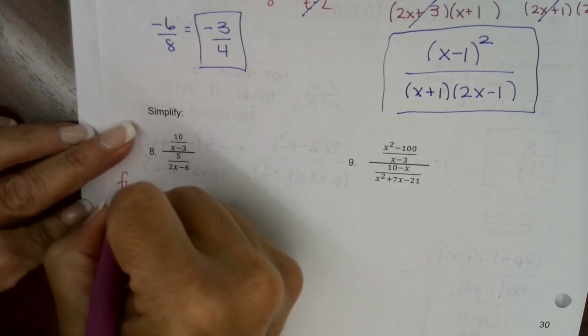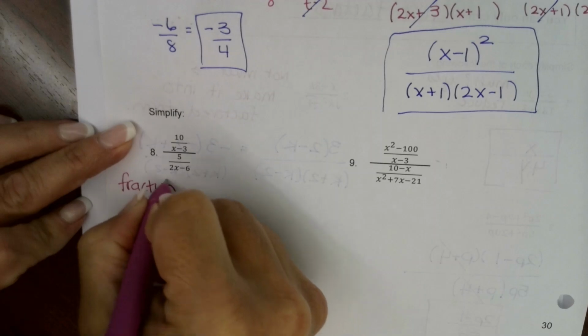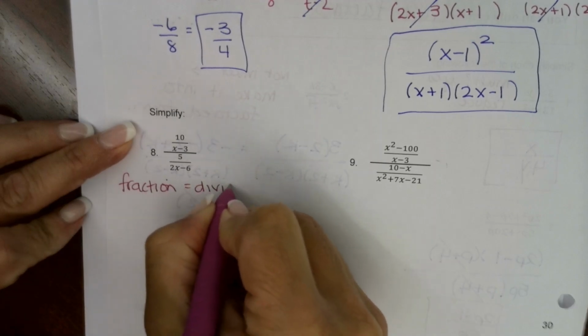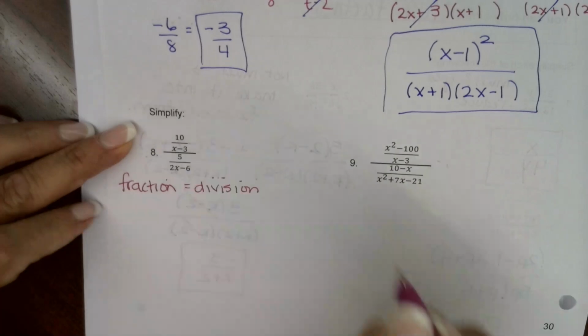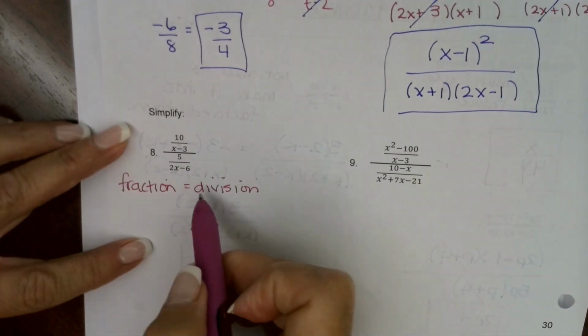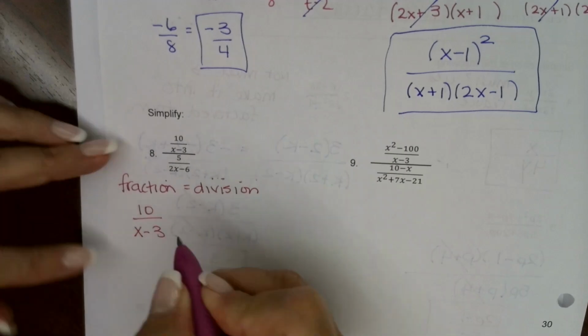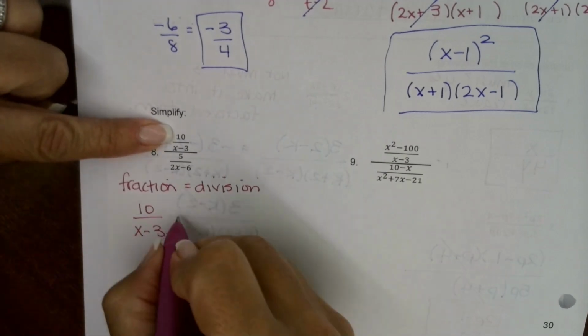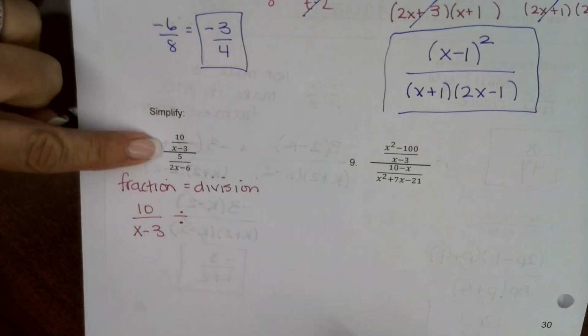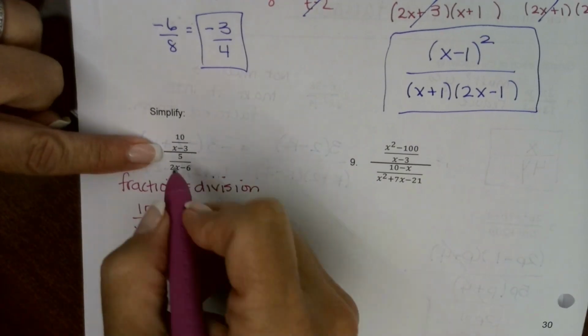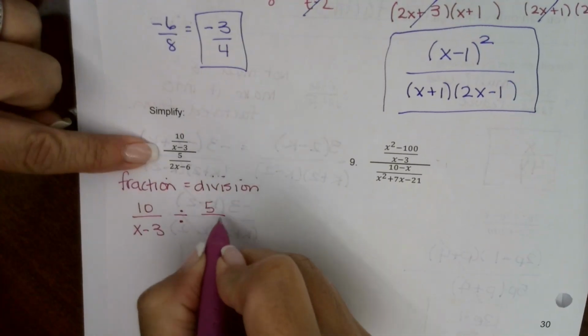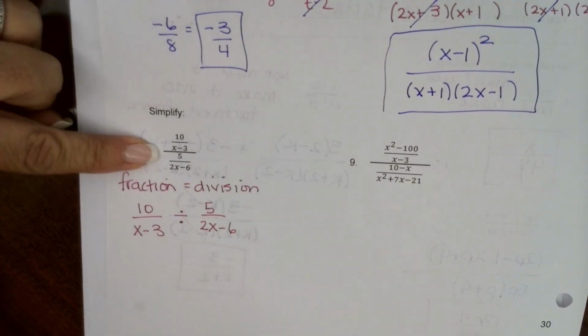Remember, a fraction equals division. That's all it is. So I'm going to rewrite this as 10 divided by x minus 3. That's my top fraction. Then I'm going to divide, using an old school division symbol, by 5 over 2x minus 6.